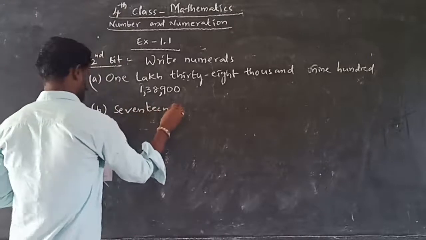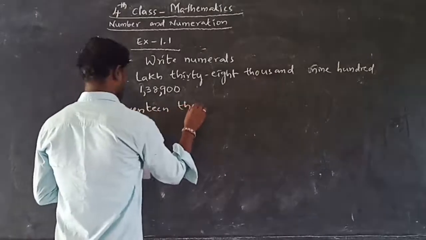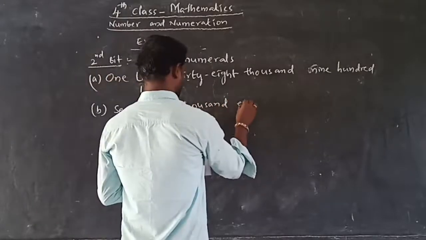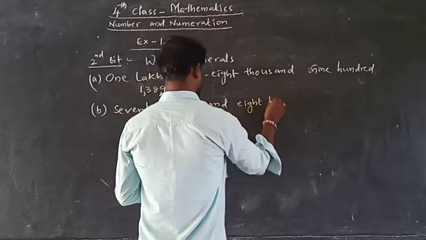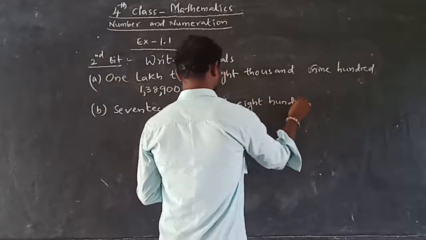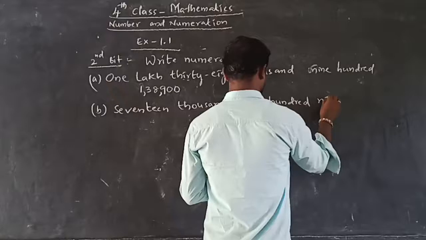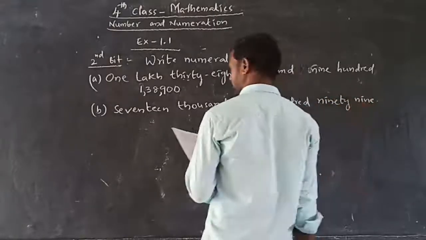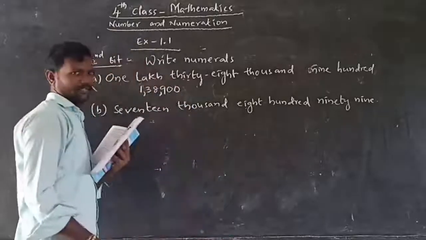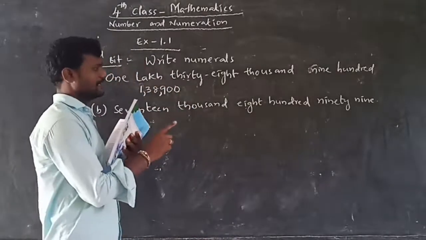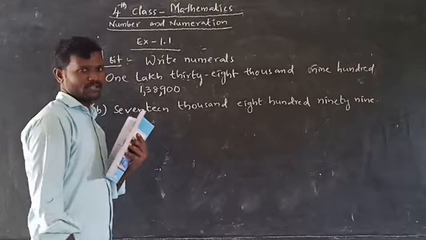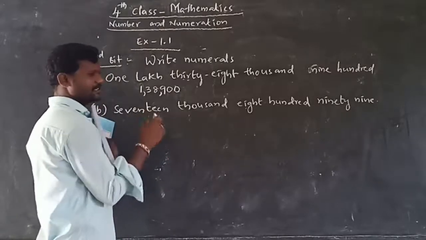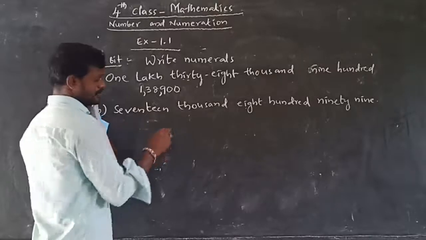17,899. So first, 17,000. 17 means it is in thousands.